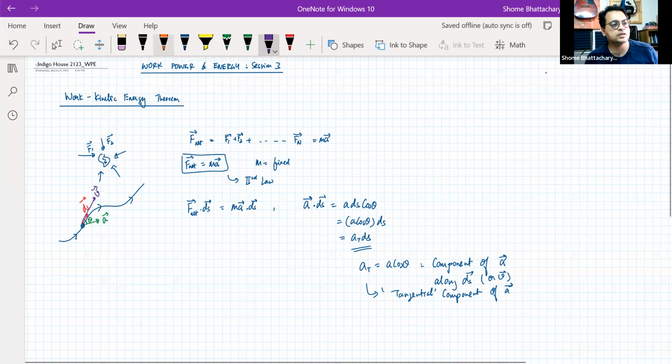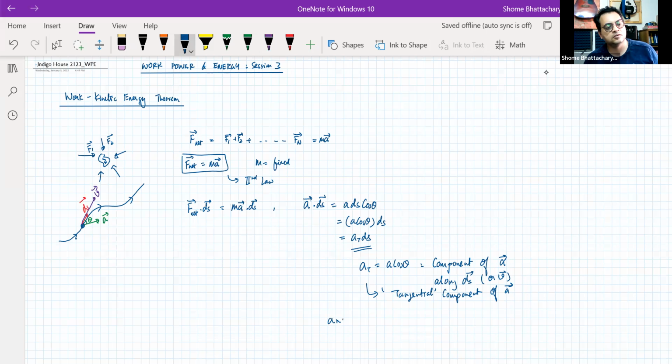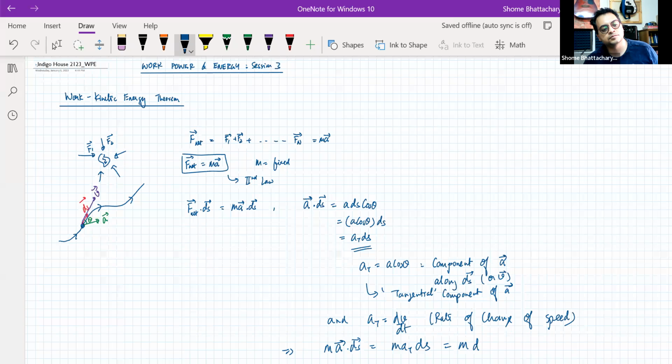So further, now we can see from that, since the tangential component of acceleration is dv by dt, okay, it's the rate of change of speed, so we have this, which we can write like this.